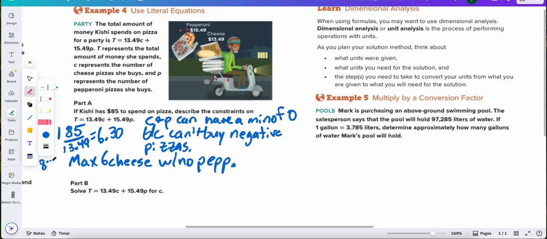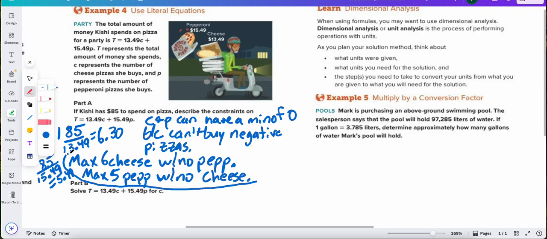So I would take 85 divided by how much pepperoni is, which is 15.49, which gets me 5.49. So remember, we can't go over that, so we can get a max of 5 pep, but that's when we have no cheese. Okay. So those are our 3 constraints. We have the max of cheese we could get, the max of pepperoni we could get, and then the minimum of both of them. Okay.